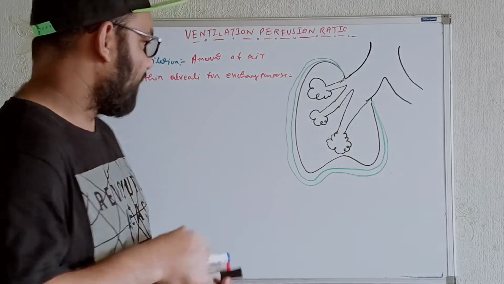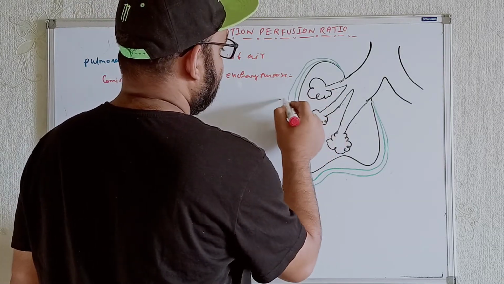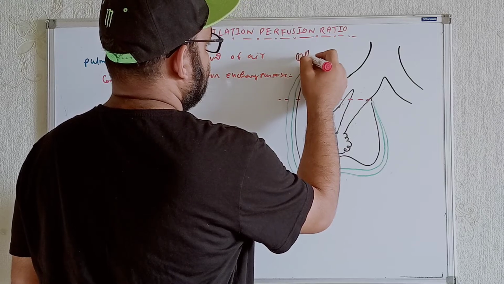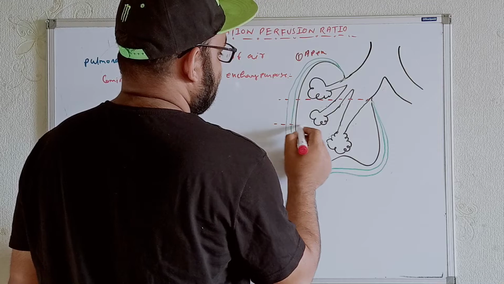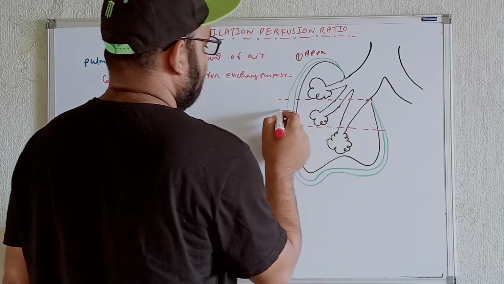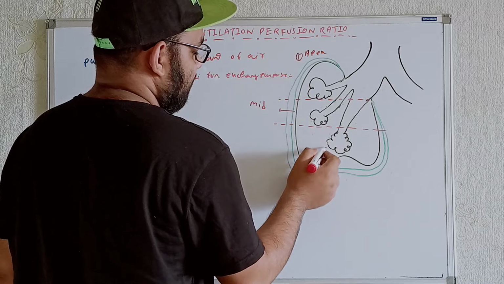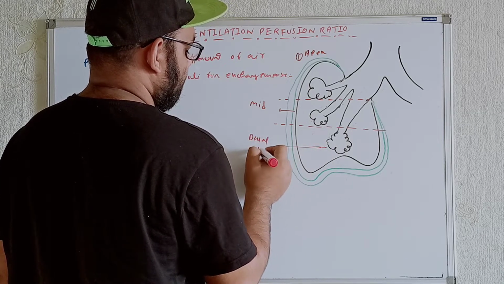So if I divide this part, from here to here is the first part, the apex or upper part. This is the mid part, and this is the basal part, or down part.